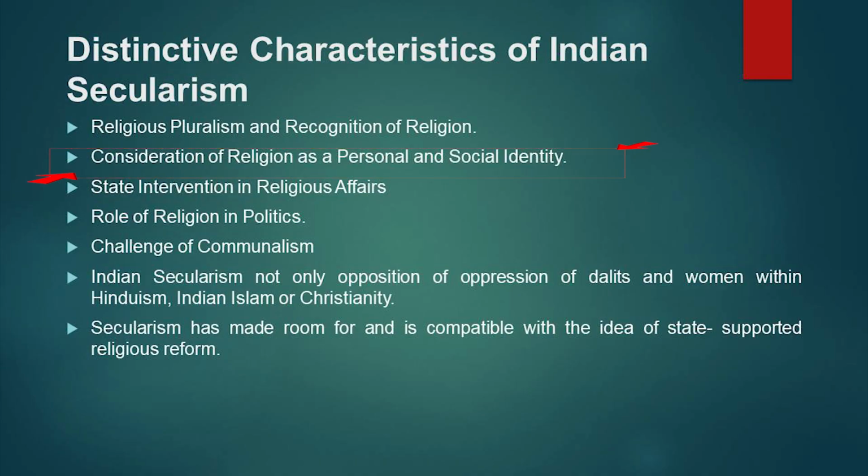Another feature of Indian secularism is that it considers religion as a personal and a social identity. In India, religion often functions as both a personal belief system and a social identity. People don't merely practice religion as a private affair, but also engage in religiously defined social structures, rituals, and community life. This unique blend of personal and collective religious expression influences the way secularism operates.